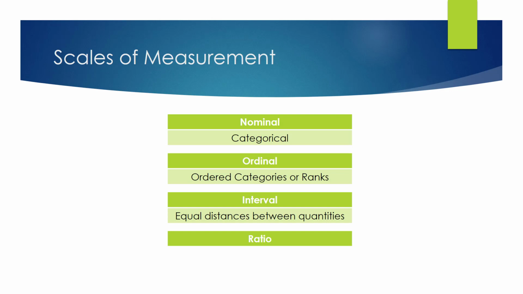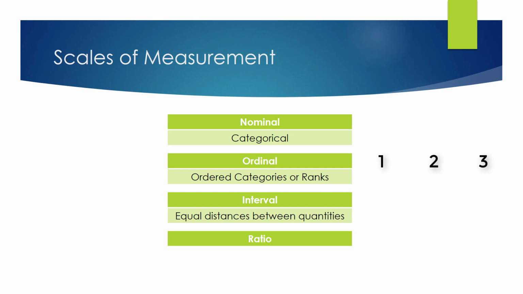Now with interval, this is where we move into equal distances between quantities. So with ordinal, if we're talking about somebody who is running a race, so they're competing, and we could rank those individuals who ran the race, we could rank them as first, second, third, fourth.